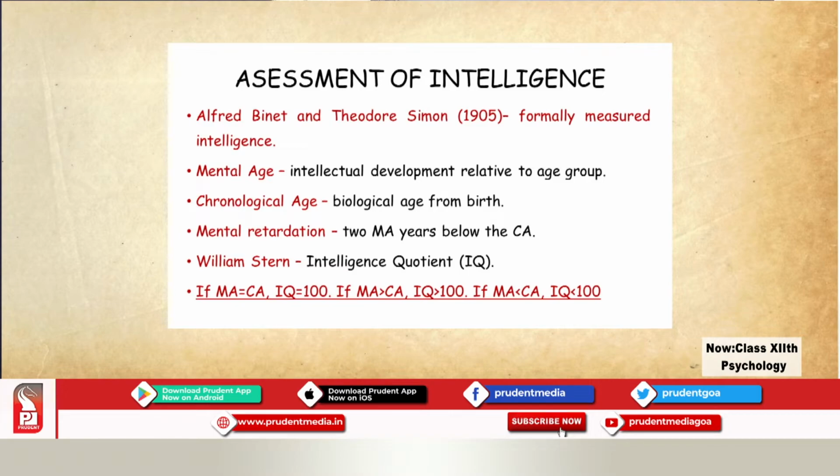The last line which I have highlighted, these are a few things you have to remember. If the mental age is equal to the chronological age, the IQ is 100. If the mental age is greater than the chronological age, the IQ tends to be greater than 100. And if the mental age is less than the chronological age, the IQ will be less than 100.